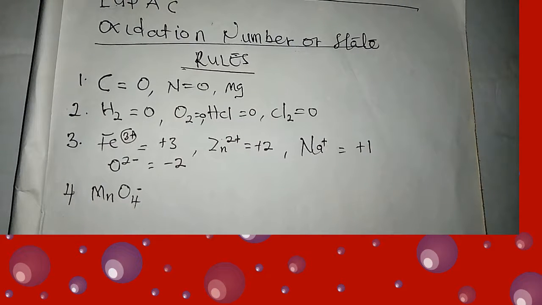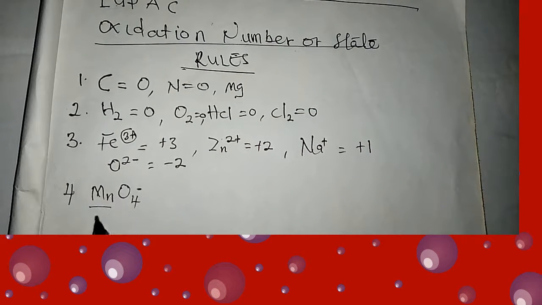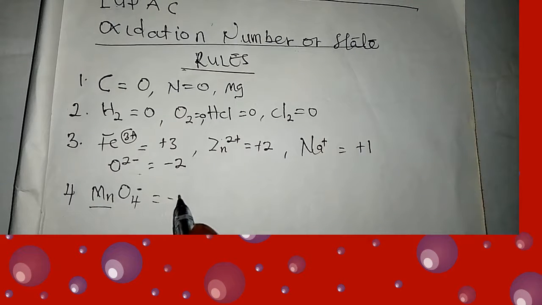So when we are dealing with radicals and we want to find the oxidation state of this particular radical, we add the oxidation state of manganese and the oxidation state of oxygen together, and it should give us the charge carried by the radical. So here the whole of the algebraic sum of the oxidation states of manganese and oxygen is equal to -1.